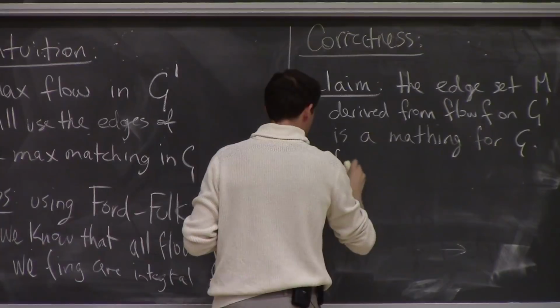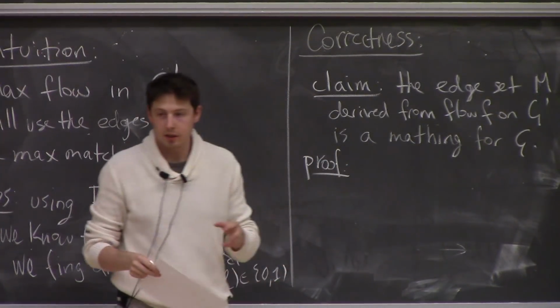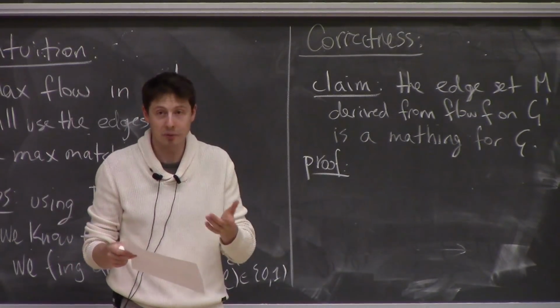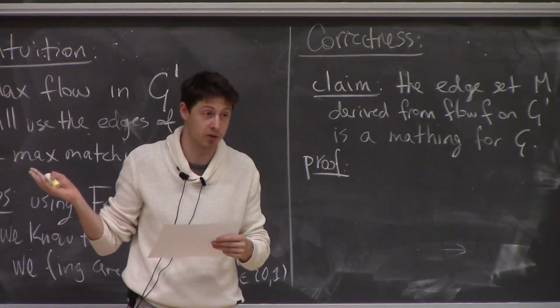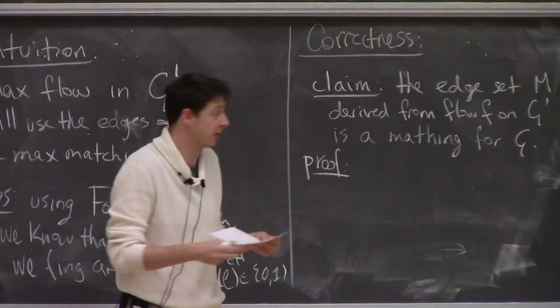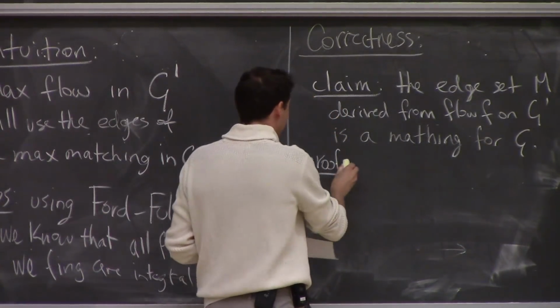So let's convince ourselves of that. It is definitely an edge set. For it to not be a matching, it would have either an L collision or an R collision, right? That's the only way it cannot be a matching. And it's certainly an edge set, so it's not like I'm outputting a cat, right? I'm outputting a set of edges.